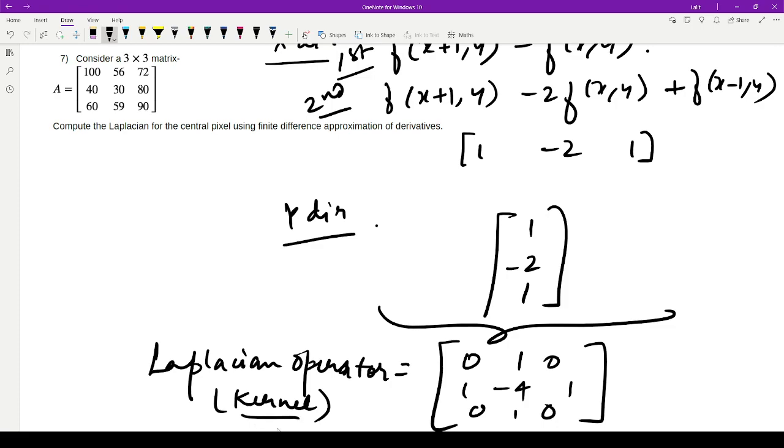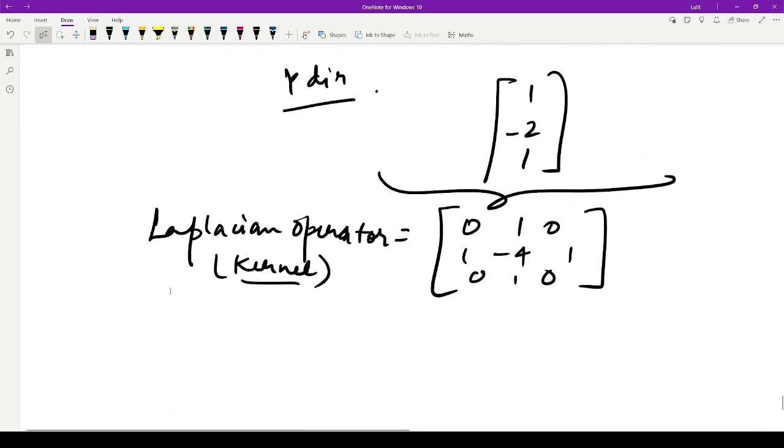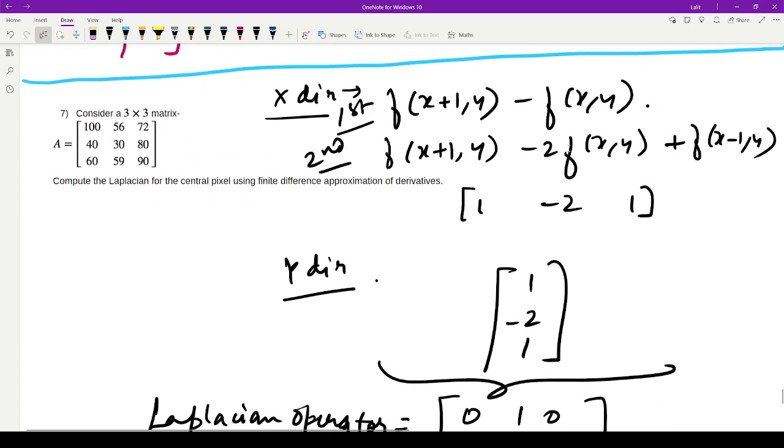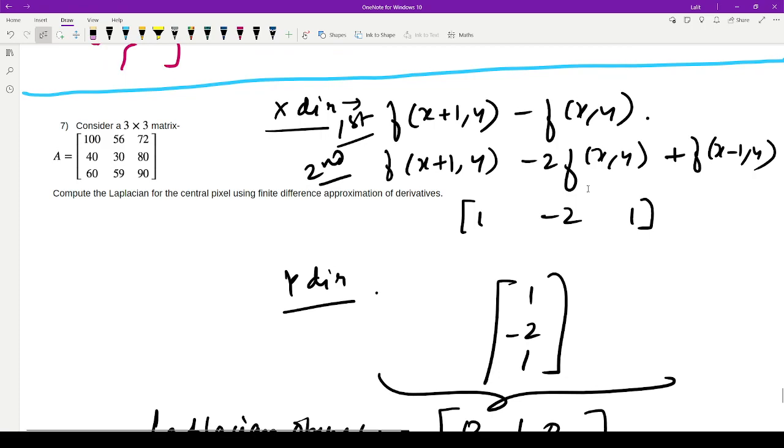Is everyone fine with this? We are just doing double differentiation along the x direction and then the y direction, and what we get is this specific operator. I think this derivation of how the Laplacian emerged gets you an easy way of remembering this.